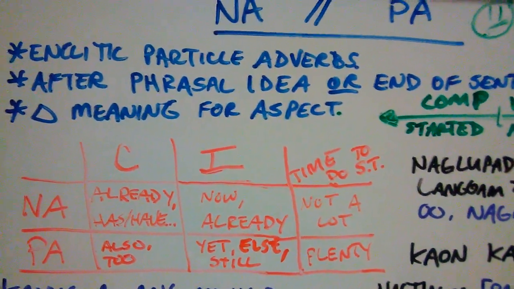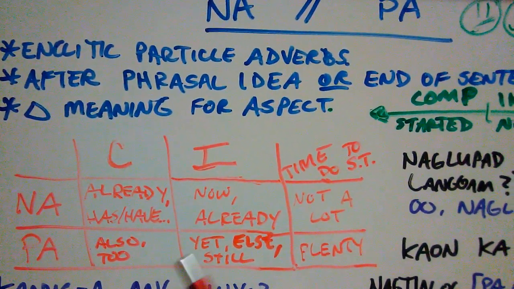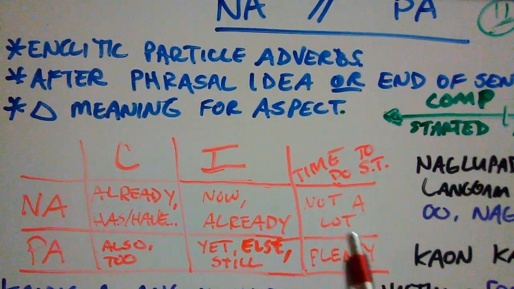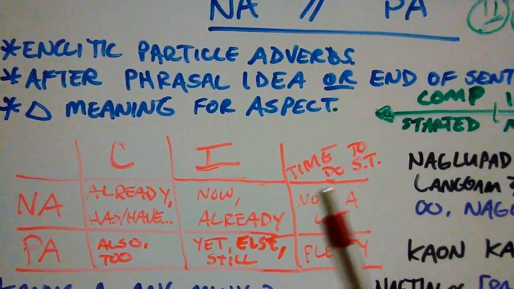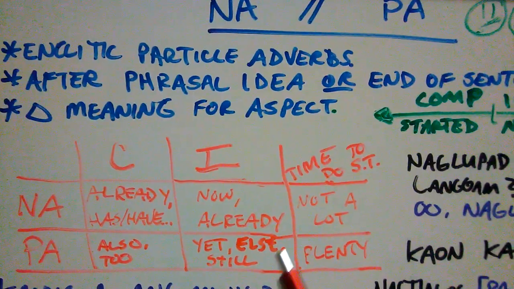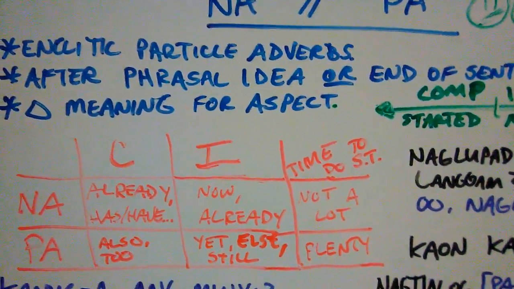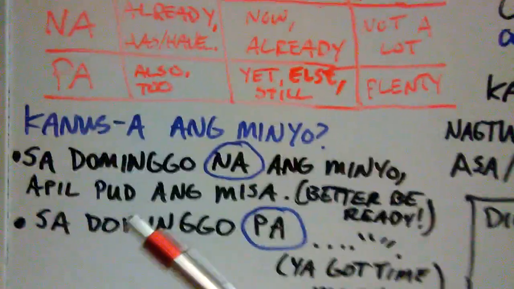Versus pa, with the two points in time and the distance between them, has the meaning of plenty of time to do something. Not a lot of time versus plenty of time. And I have an example for that right down here.